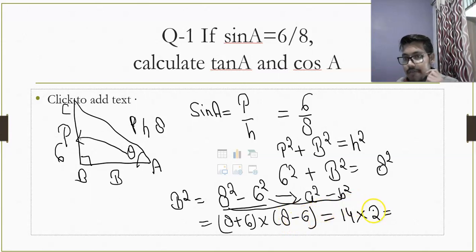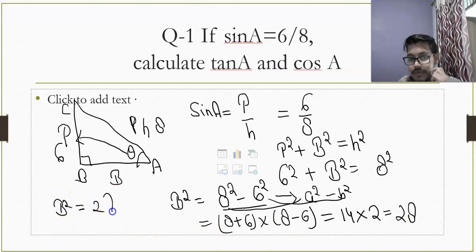So from here we get 14 times 2 is 28. So b square comes out equal to 28. When we apply the under root on both sides, the square is eliminated from the under root.